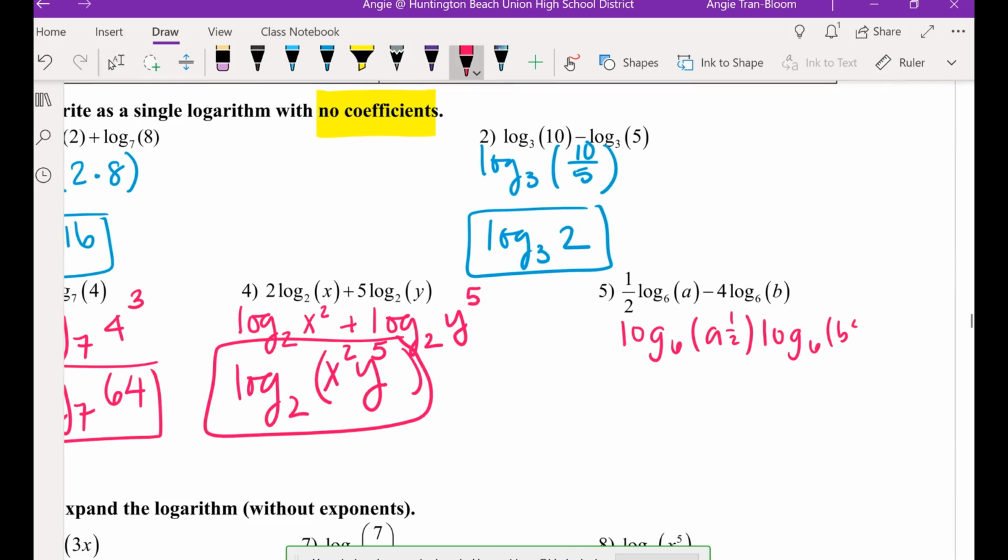Oh, there we go. Is this supposed to be a minus in between those? Oh, yeah. Whoops. Like right there. You guys agree? Yes. Perfect. If you'd like to write that as the square root of a, would that be okay? Yeah, either one's fine. Perfect.